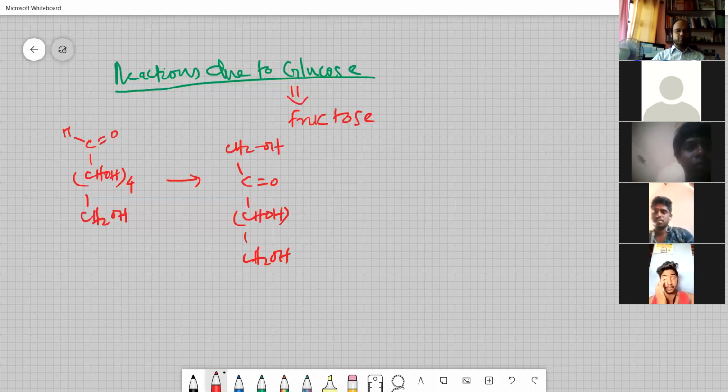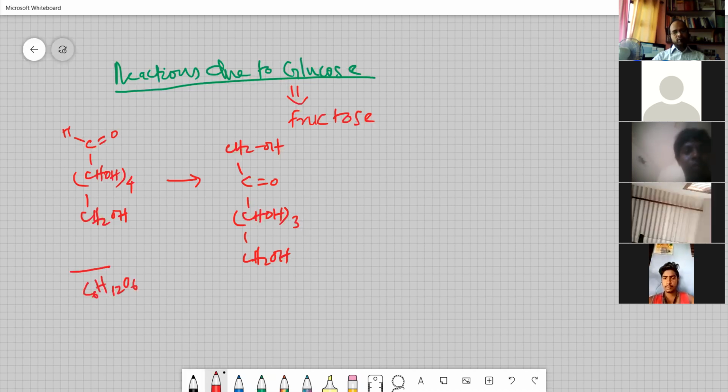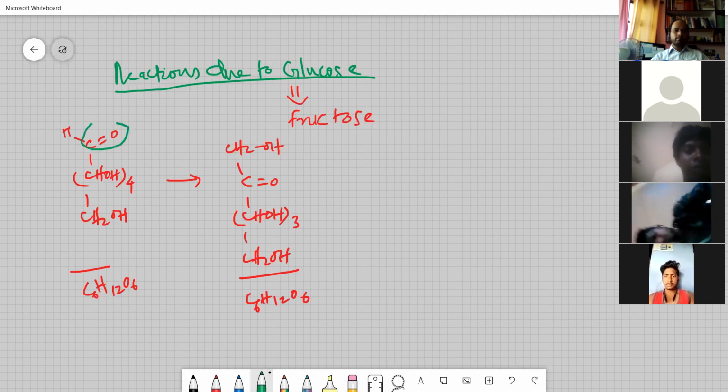Again, 6 carbon atoms. 1, 2, 3, 4, 5, 6. Okay. So the empirical formula is C6H12O6 for this, and for this also you have C6H12O6. The difference is here you have a keto group there. Here also you have a keto group there. But the main difference lies in this.